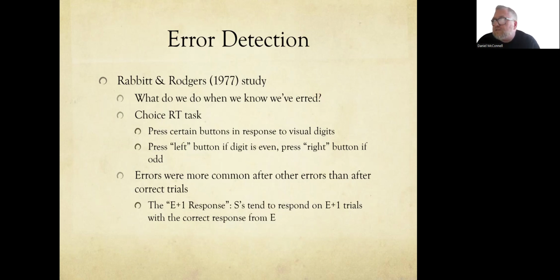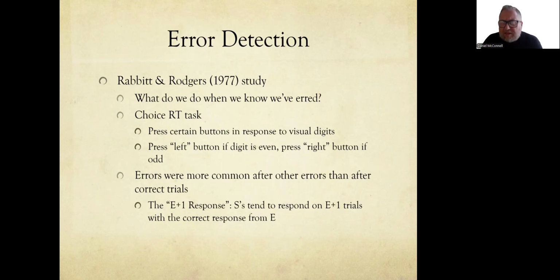I know it was an even number, so I was supposed to hit the button with my left hand, but somehow my wires got crossed and I just went with my right hand instead, because my hands just didn't obey. I'm going too fast and I exceeded my ability and so forth, right? So in one way or another, we know that we have made a mistake.